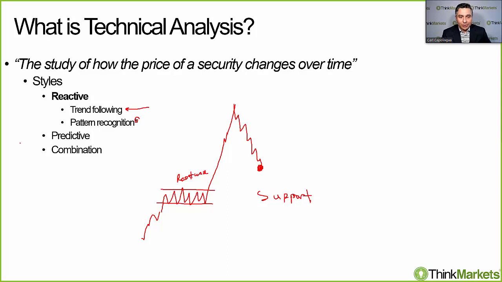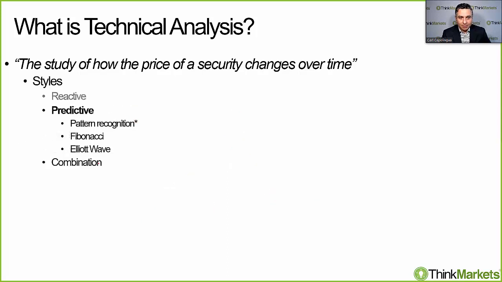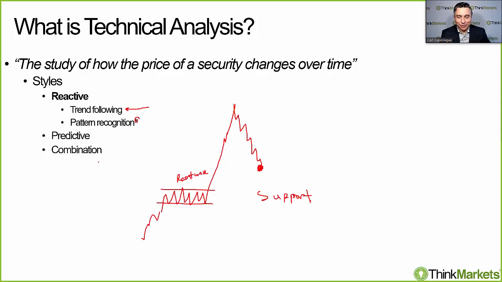So the predictive, and if I go down I'm going to lose it, which is a shame. Okay, we'll just talk about it and then we'll go to the next slide. The predictive style of technical analysis may actually put in, for example, a limit buy order down here. Let's say this level is $5 on the stock, and they may put in a limit order at $5, so predicting that the price will hit that level and then rally off that.